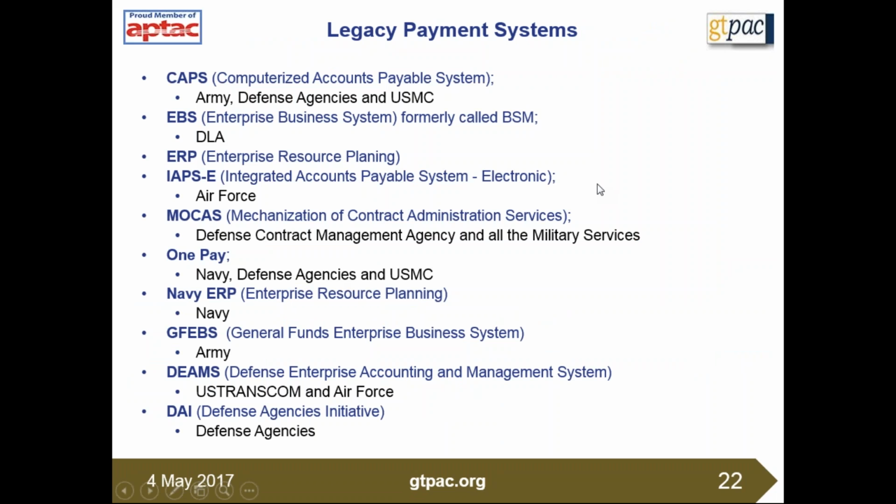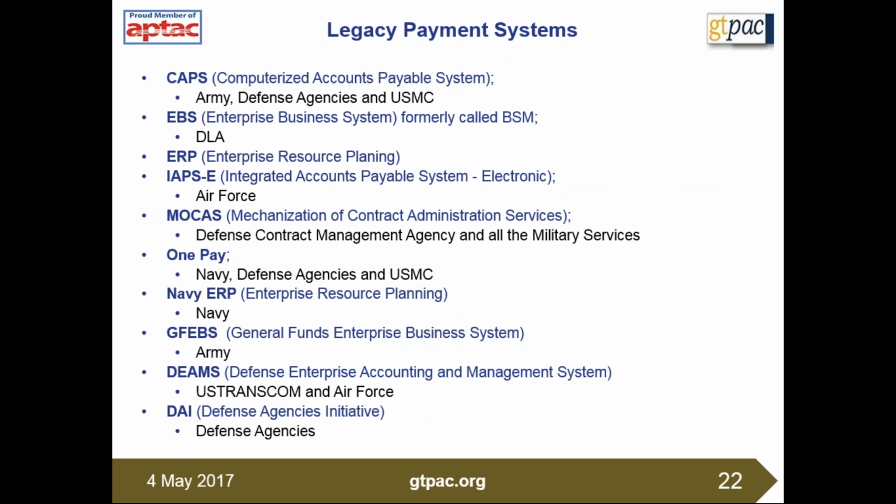Okay, slide 22. One of the things I mentioned was once the invoice gets to the point where everything lines up, all the T's are crossed, all the I's are dotted, it gets forwarded to the DFAS people. These are the different legacy payment systems that are still in play. And you can see the Army has theirs, DLA has one, the Air Force has one, the Navy has one.